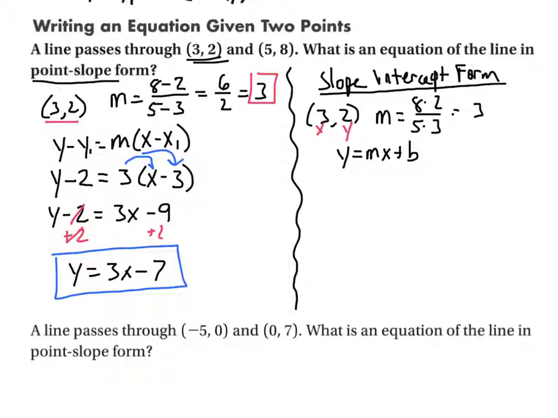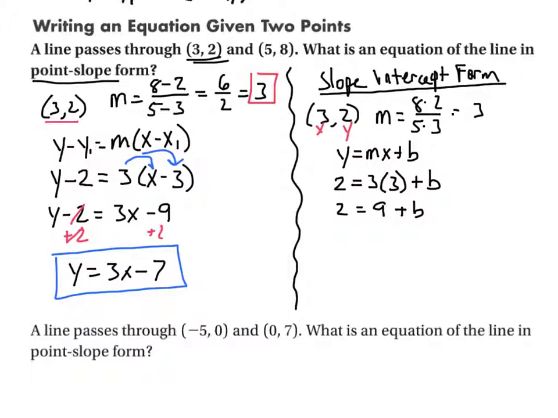And we can then go through and substitute into that. So, y is 2, m is 3, x is 3, and we don't know b. We don't know the y-intercept. But we can solve for it. 3 times 3 is 9, so I have 2 equals 9 plus b.